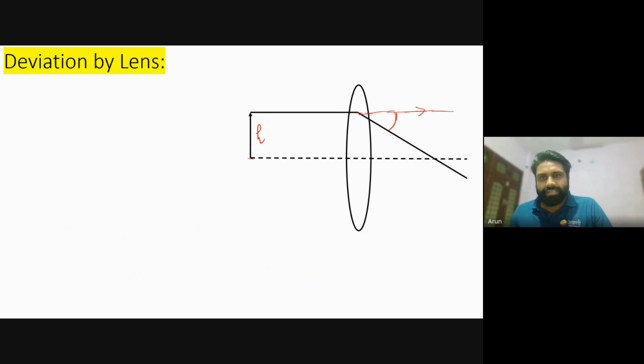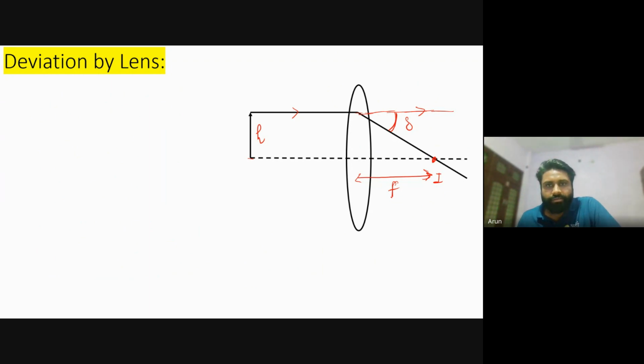So it has deviated from its path by an angle of delta. This is the image formed here. Now this ray is parallel to the principal axis, so it converges at the point F. This is the focal length of it. So this is the deviation of it.